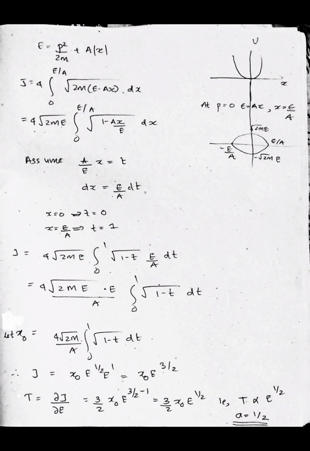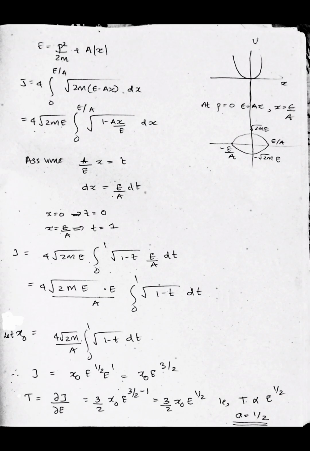Substituting x naught is equal to 4 into square root over 2m by A integral over 0 to 1 of square root over 1 minus t into dt, we can write J as x naught E raised to half, E raised to 1, that is J is equal to x naught E raised to 3 by 2.